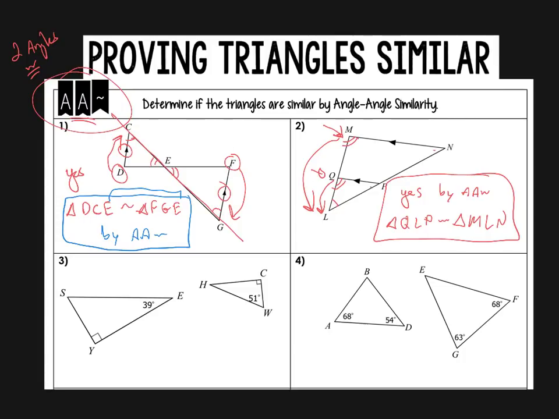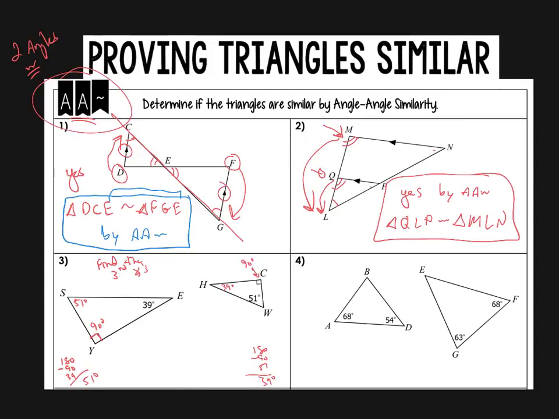Number 3. There's no parallel lines or anything, but I do notice that this is a 90-degree angle. And I also notice that right here is also a 90-degree angle. Now again, I have to find the third angle's value. So I'm going to subtract 90 and 39 from here, and I'm going to subtract 90 and 51 from here to see if I have identical values.